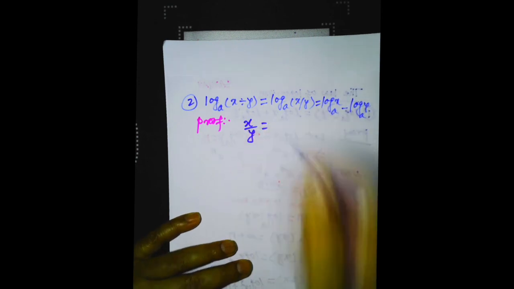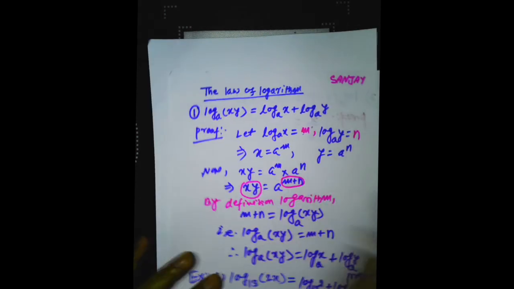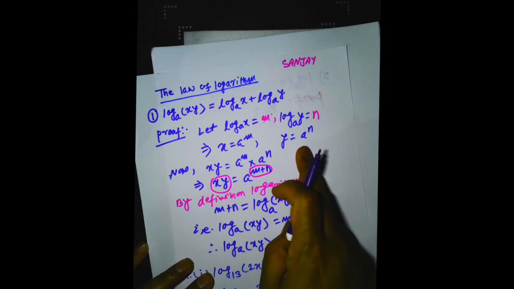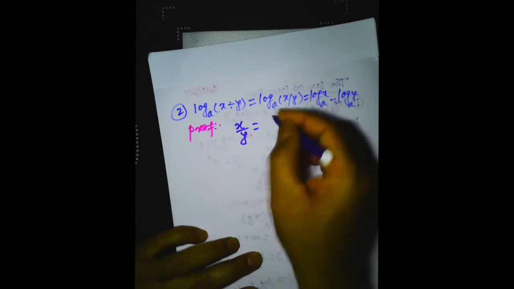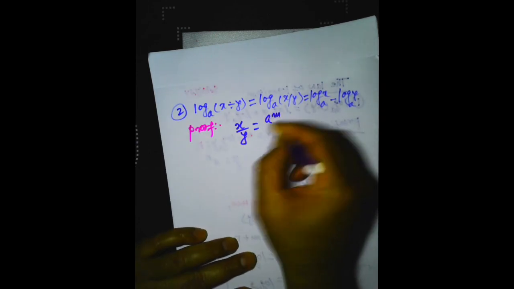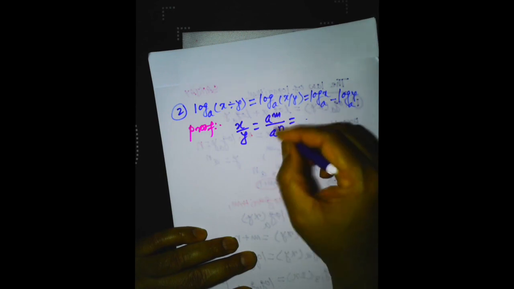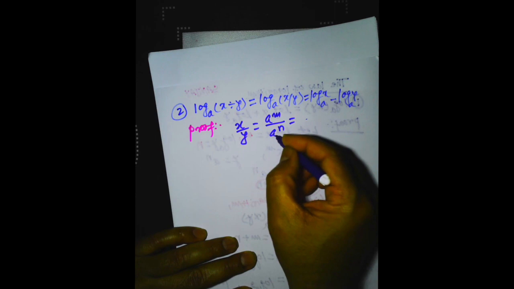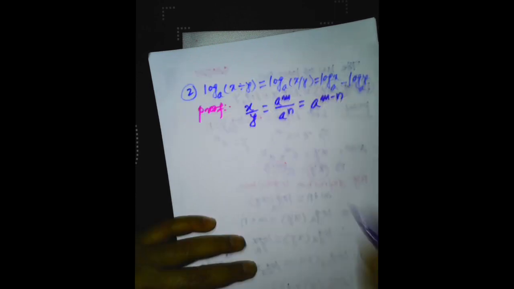So when you write x divided by y, x is a to the power m, you can see here, and y is a to the power n. So I will write here a to the power m over a to the power n, and because the bases are the same in the numerator as well as in the denominator, it is a to the power m minus n algebraically.